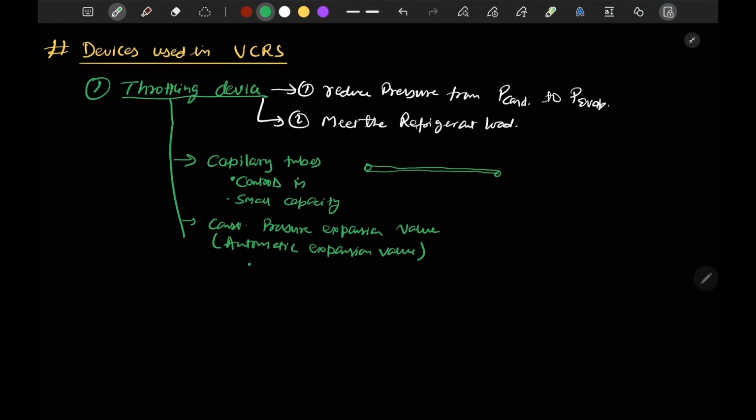It maintains the evaporator pressure at a constant value. But there is a problem here: it does not control the mass flow rate, like the capillary tube was doing. We set this valve at a constant value, and on that basis it supplies the mass flow rate.